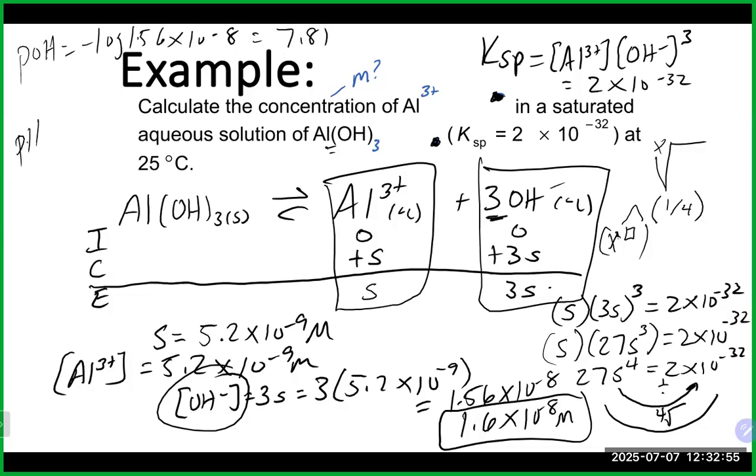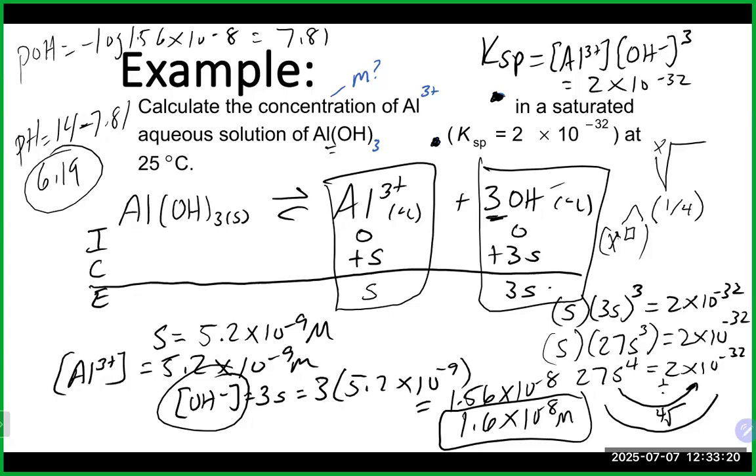I could then subtract from 14 and get my actual pH in this case. And the pH of this solution, the way it sits in water, would actually be a pH of 6.19. Yeah, slightly acidic, actually, even though it's got hydroxide, because aluminum has a little amphoteric action happening with it. Any questions on that there?